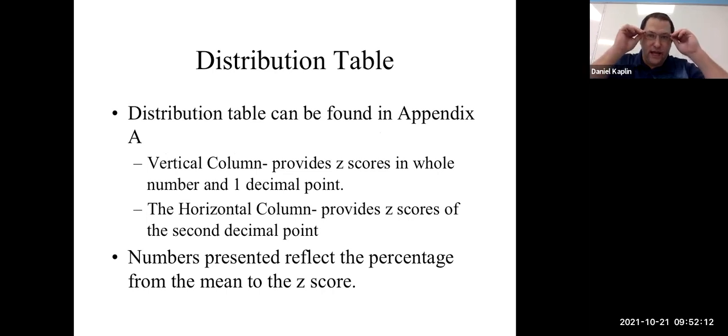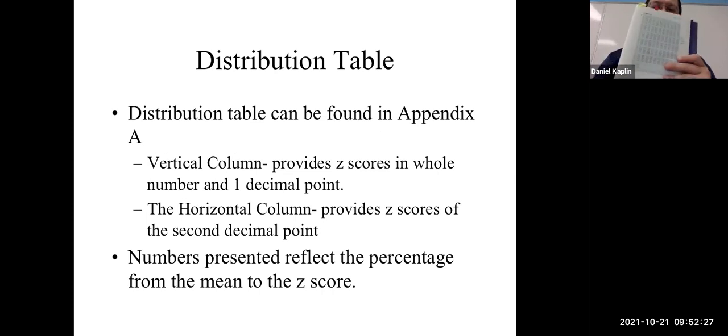But either way, the title didn't change in the editions: percent area under the curve between Z and the mean. Now, I do want to take you through this if you're ever reading an area under the curve table. So if we go vertical, going down, it's in units of 1/10 of a point.